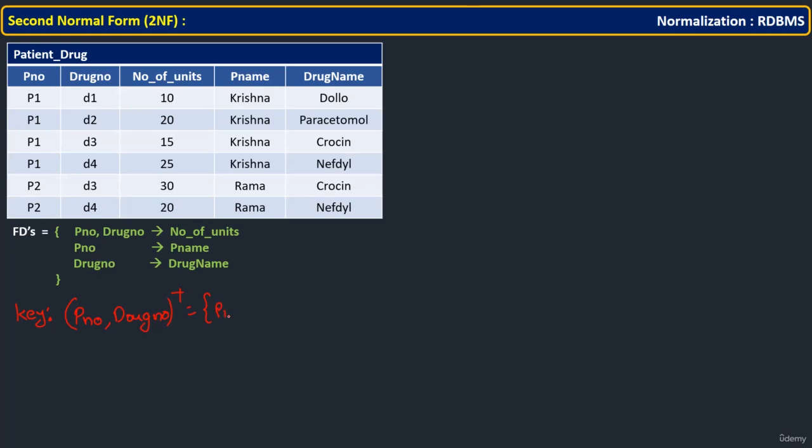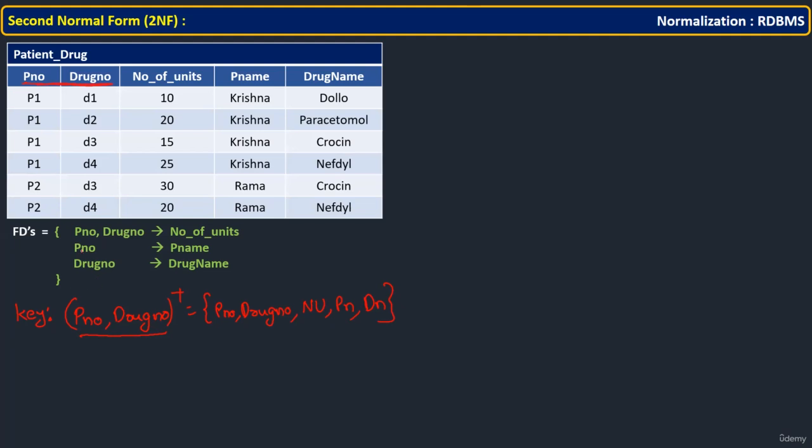Of course P number and drug number, and P number, drug number derive number of units. I am just writing NU for number of units. P number derives P name, and drug number derives drug name. So all attributes are derived by using these two. That means the key is these two, so the primary key of the table is these two.